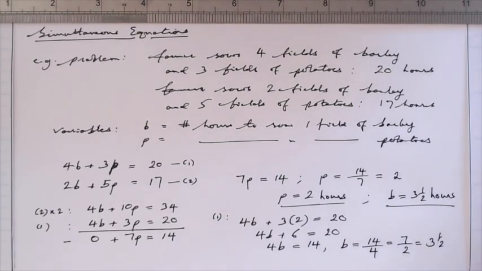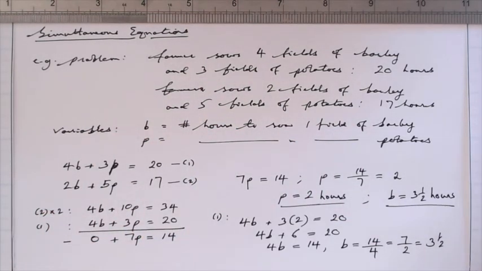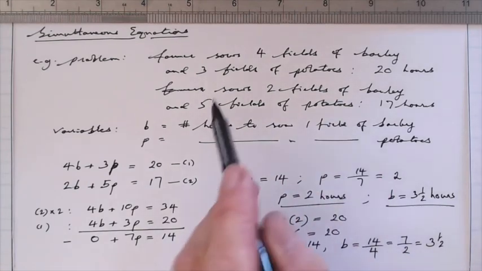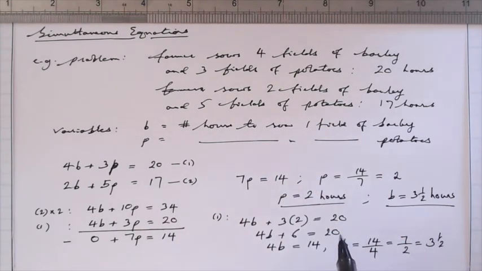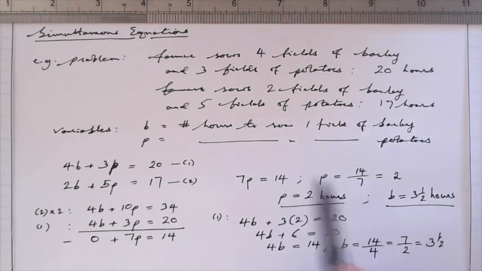Now, I have to say, I'm going to be slightly critical here of the Scottish examination system. You would not get full marks if you had solved the problem as I have here, because they insist that the students, as a final step, write in words the answer to the narrative. So they have to write in words, it takes 2 hours to sow a field of barley, it takes 3.5 hours to sow a field of potatoes.